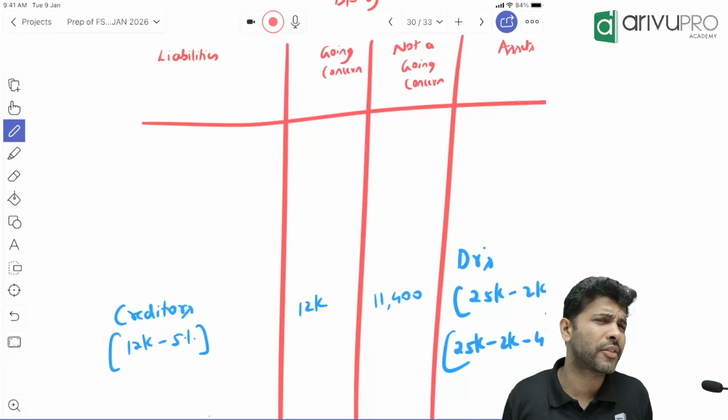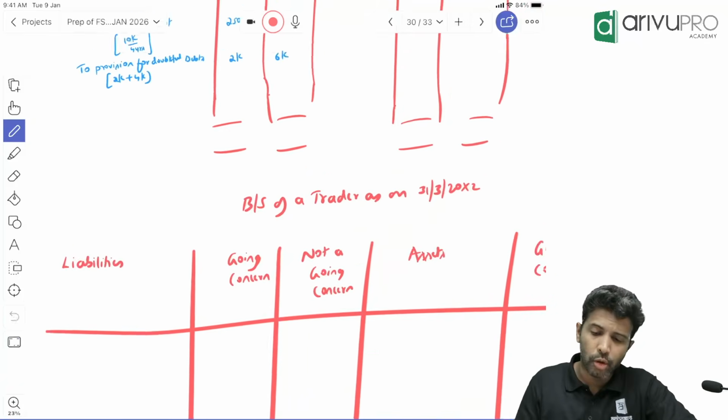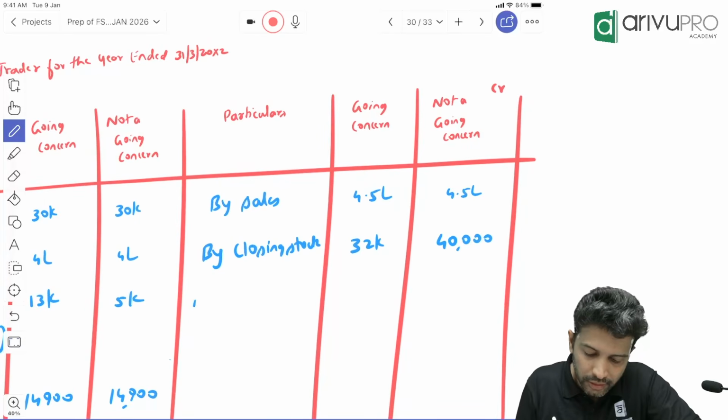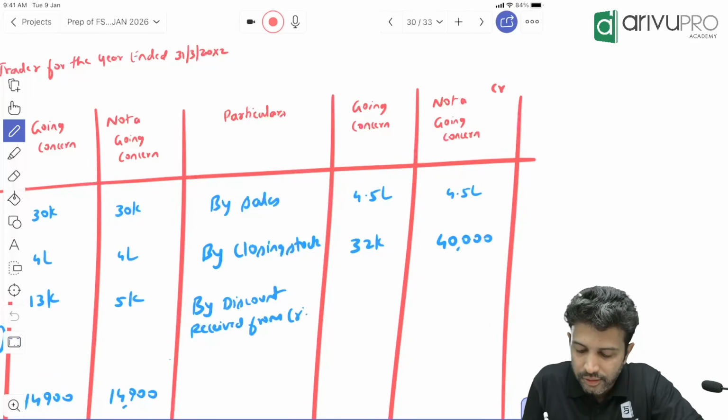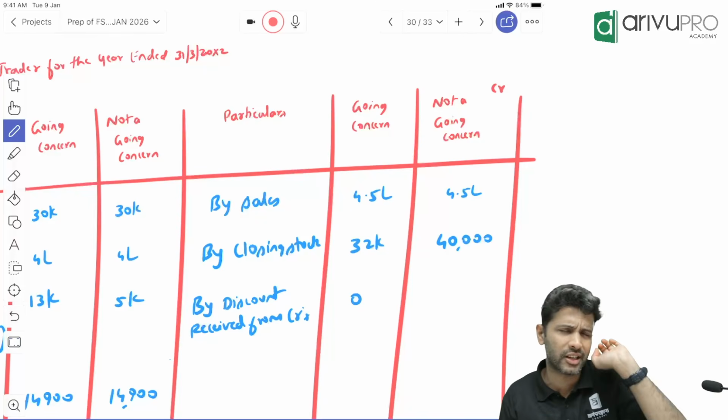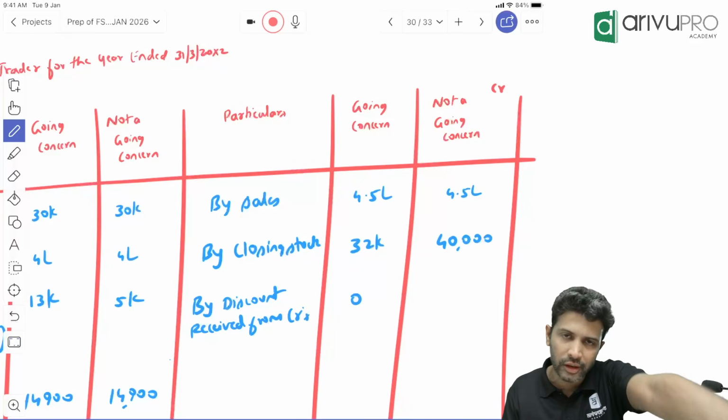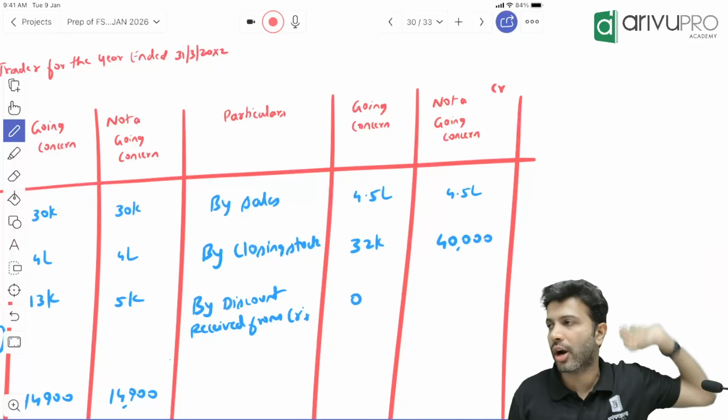Discount received from creditors is also an income. Will income come in P&L? So go back to your P&L and write: by discount received from creditors. Will you receive a discount under the going concern case? No. In the going concern case, you will pay the creditor on the normal date, where you will not get any discount.